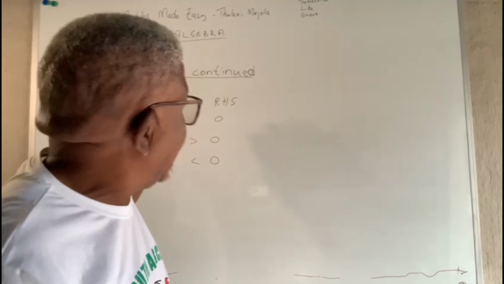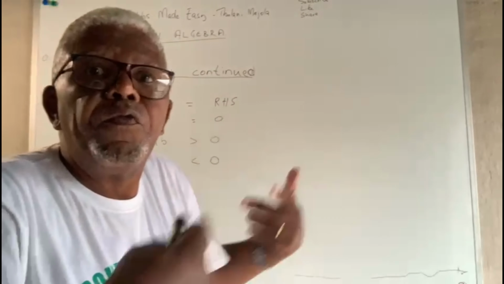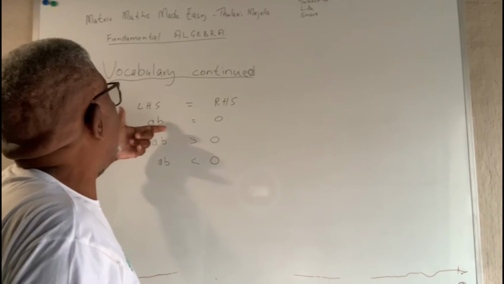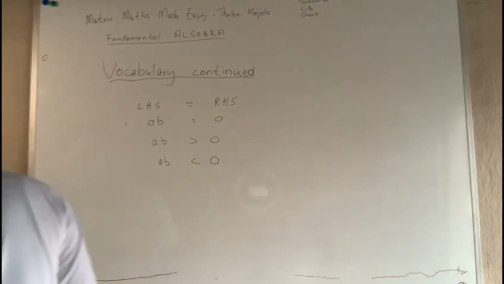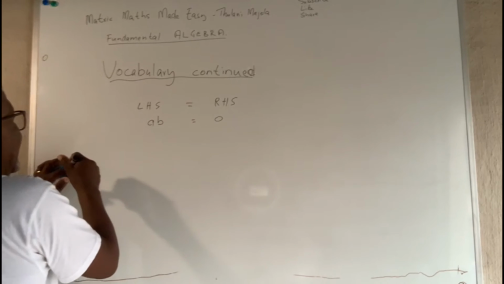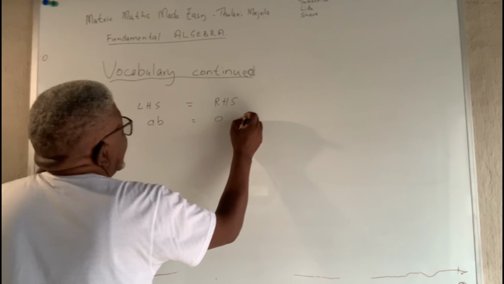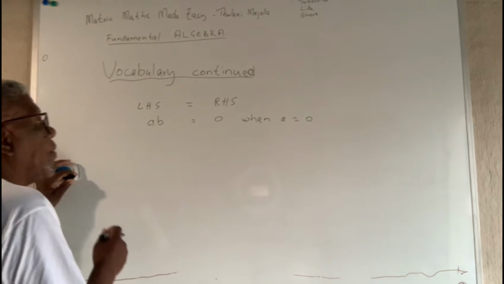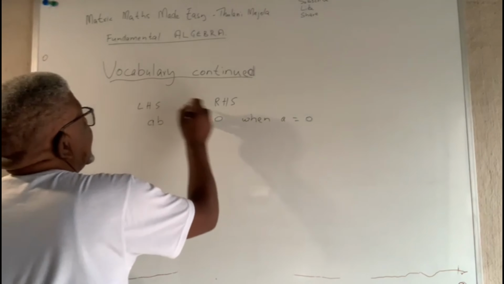understand an equation. We say an equation is a mathematical sentence that may be true or false. Here it will only be true depending on what we have. So now let's take the first one, A times B equal to 0. This sentence is true when A equals 0.